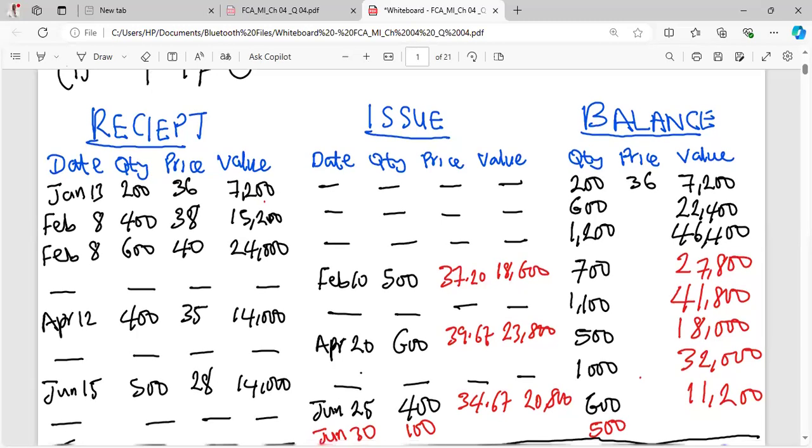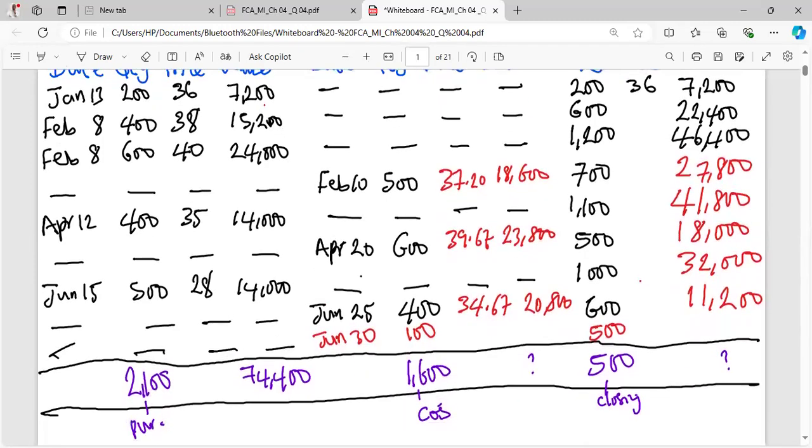So now when dealing with this 400, we took 100 here plus 300. I think that's what it should be.